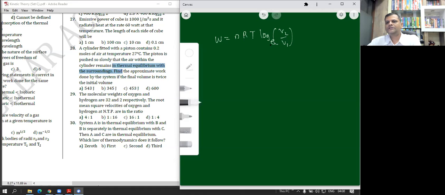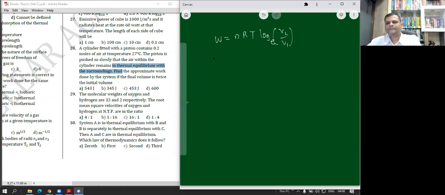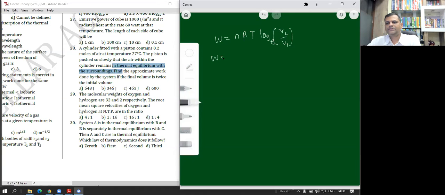But if you want to convert this base to the base 10, then we'll have to multiply it by 2.303. But no need to do that because already the volume is given to be twice the initial one. And we already know the value of log of 2 to the base e, which is actually 0.693.